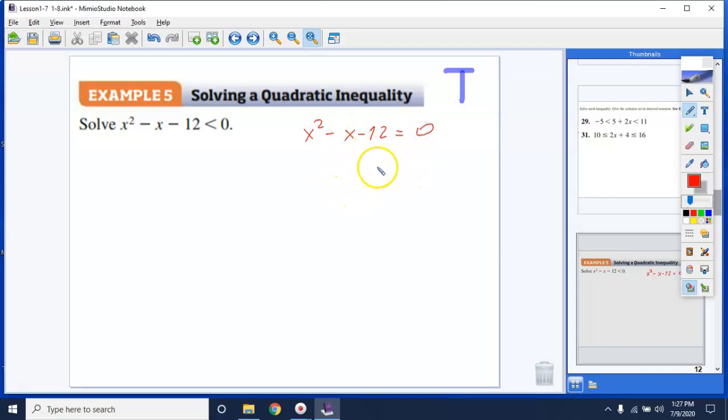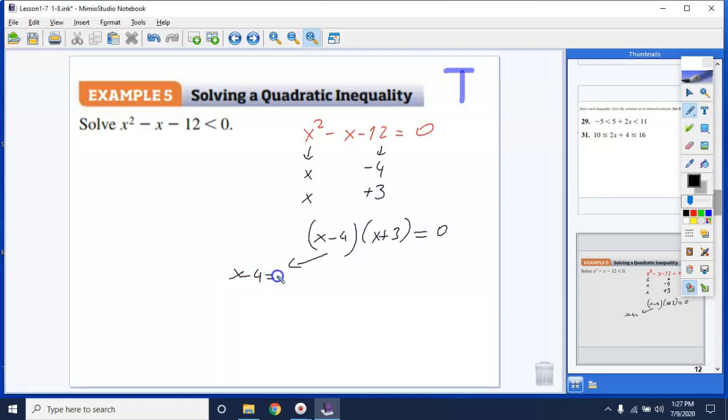So we can use the formula here to get the answers, or we can factor. So I choose to factor this, and let's see what we got. X and x. I'm gonna use 4 and 3. It should be negative 4 and positive 3, which means x minus 4, x plus 3 equals 0.